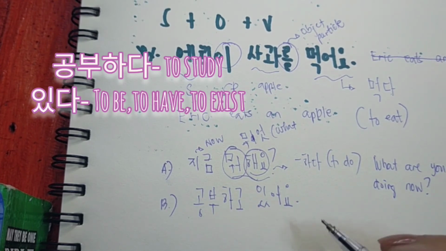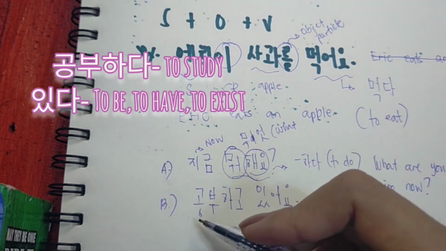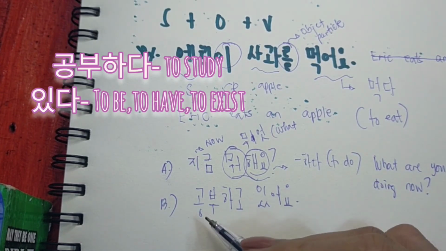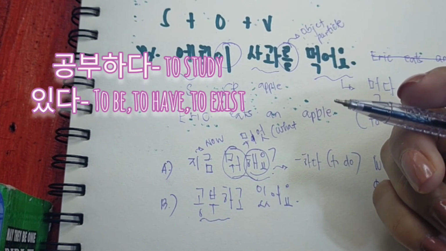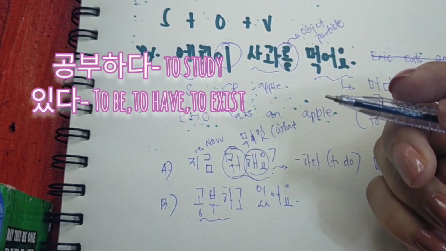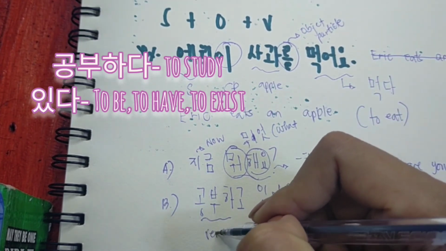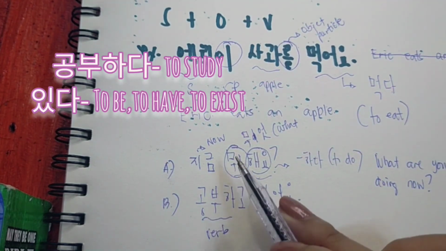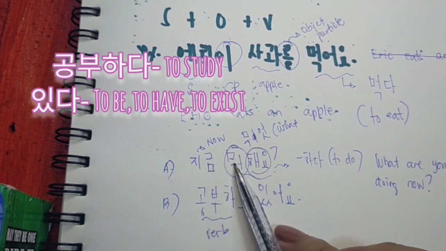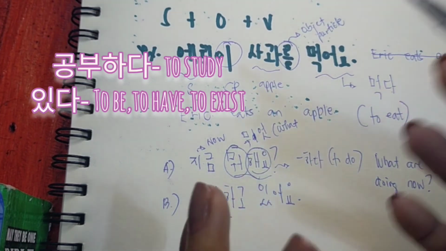Dito sa 공부하고 있어요, walang subject. Ano na agad siya? Verb na agad siya. So, walang subject. Kasi obvious naman na tinanong ka, 지금 뭐해요? So, means ikaw talaga yung tinatanong.